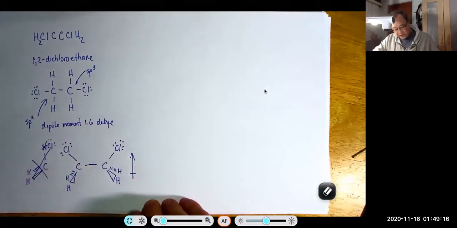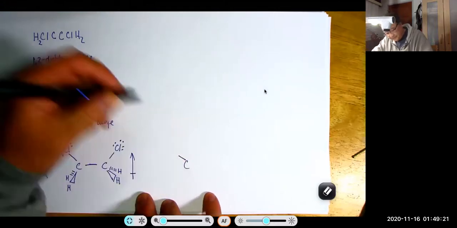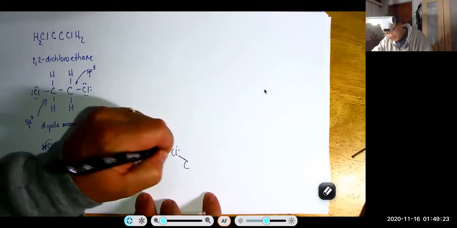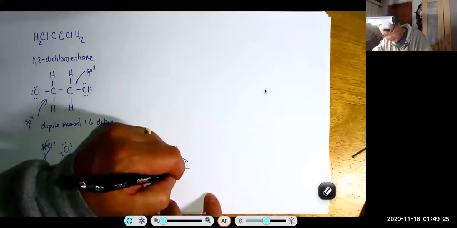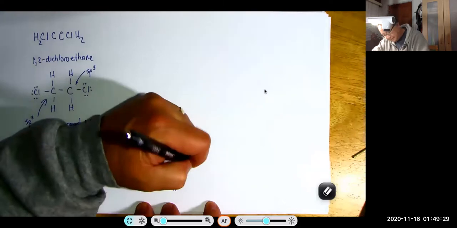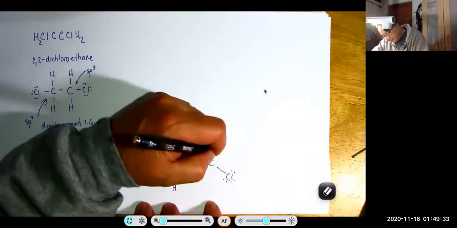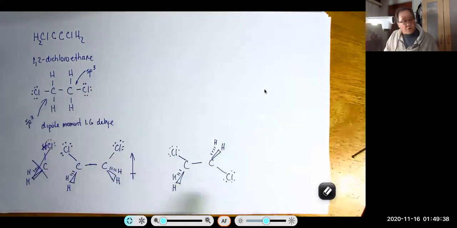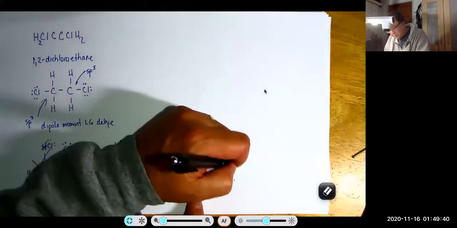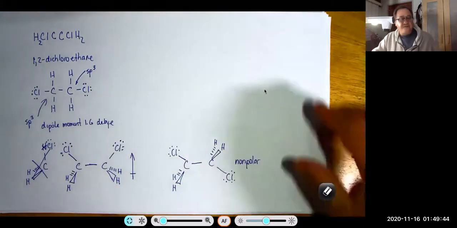Now, I could have drawn this another way. I could have drawn it like this. Bear with me here. So without thinking about it, I could have drawn it this way, and this is nonpolar because the two chlorines aren't on one side of the molecule.